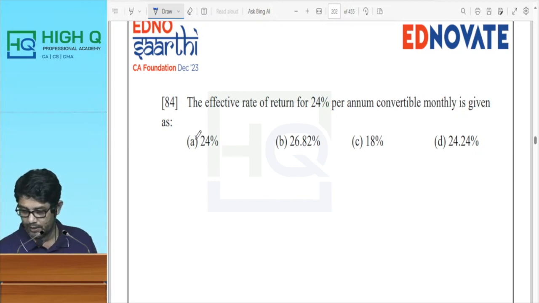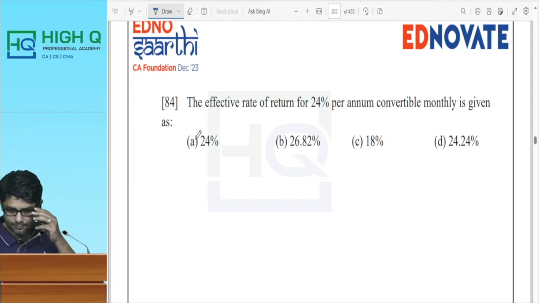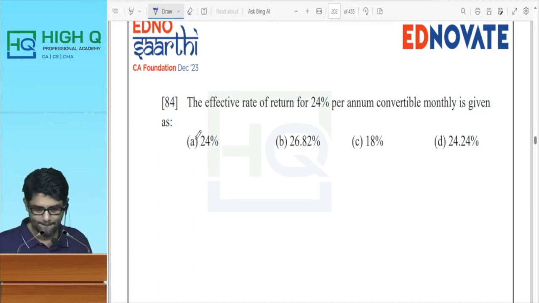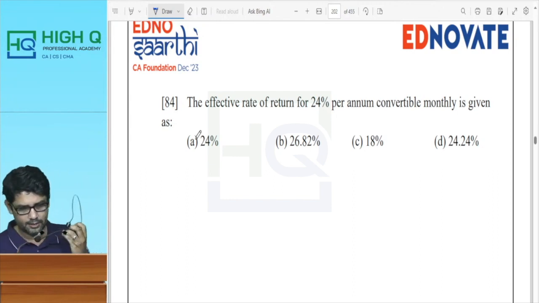Find the effective rate converted monthly. Yes, B is the answer.